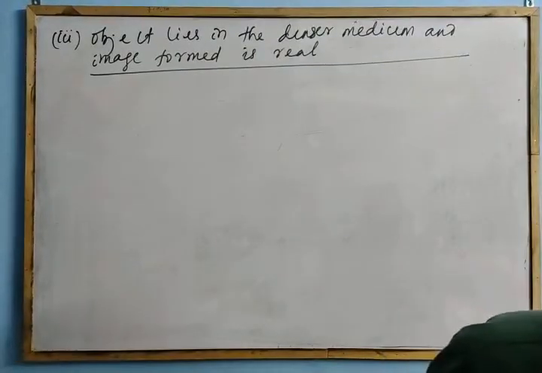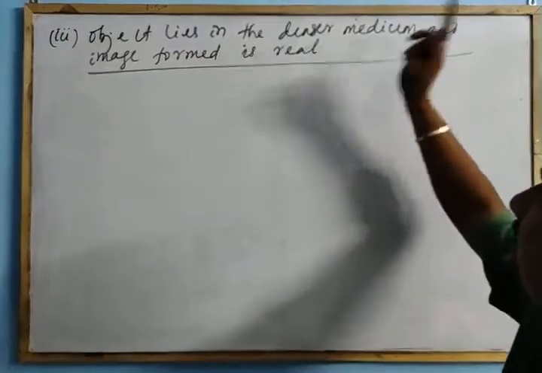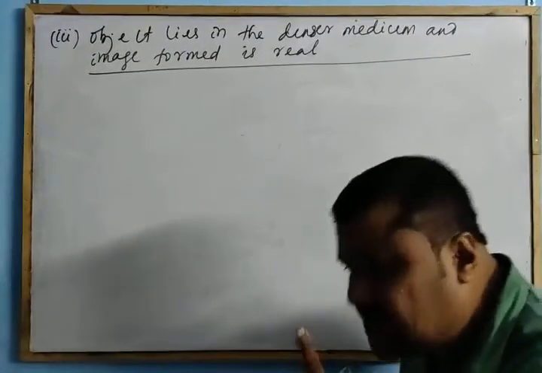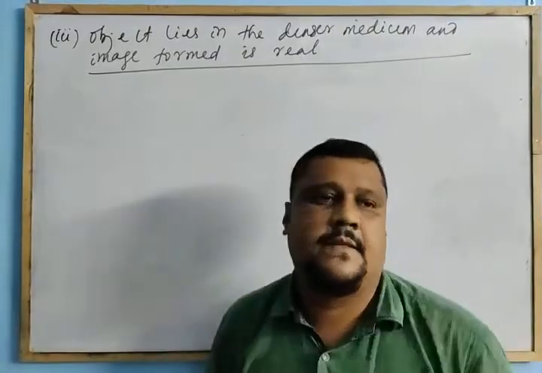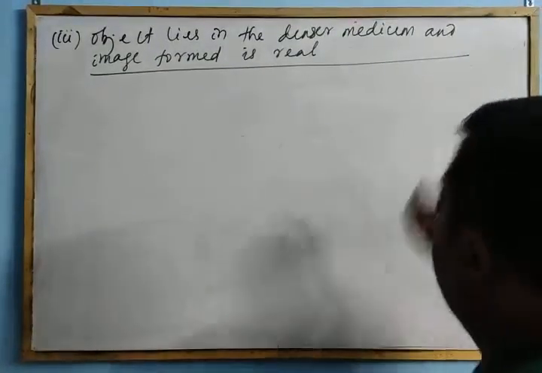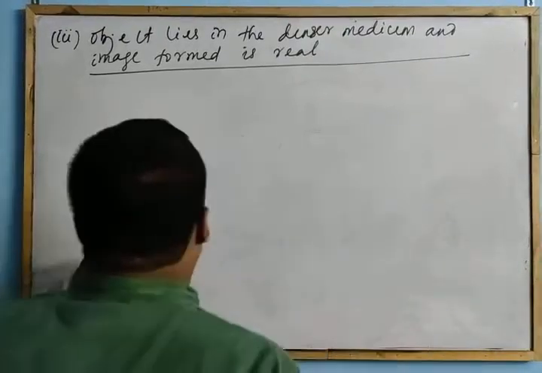So in this part, the object lies in the denser medium and image formed is real on the same convex surface, and it is convex from the rarer side. How will we draw the ray diagram? Let me show the ray diagram.